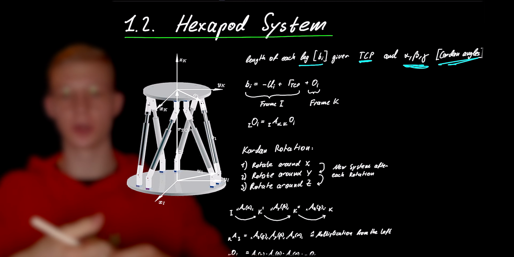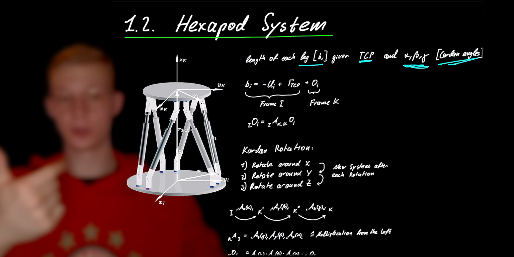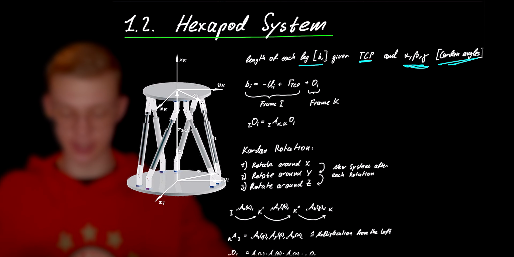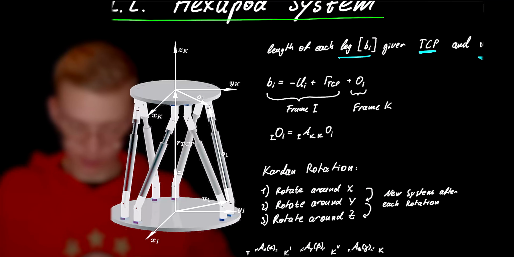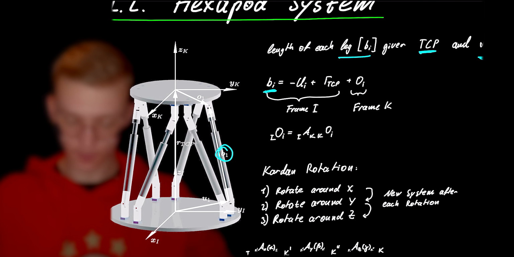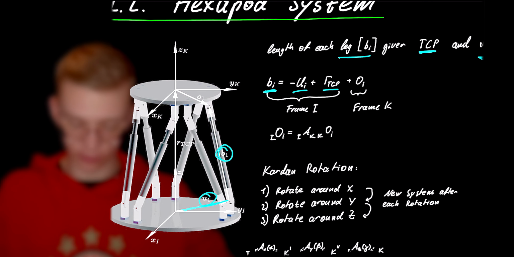So we first turn around X, then we turn around the new Y axis, and then we turn around the again new Z axis. So the goal is to get the length, or first of all, the vector B1, if we have the given tool center point, and we of course know the position of our leg where it's beginning.